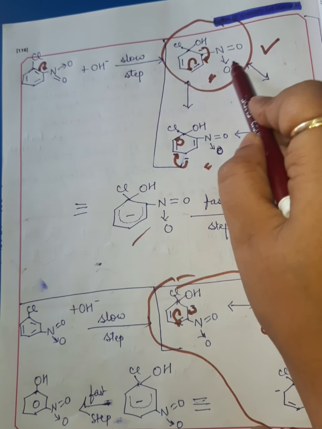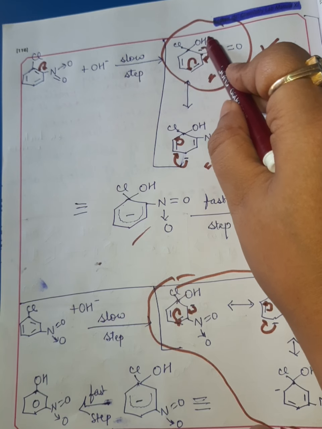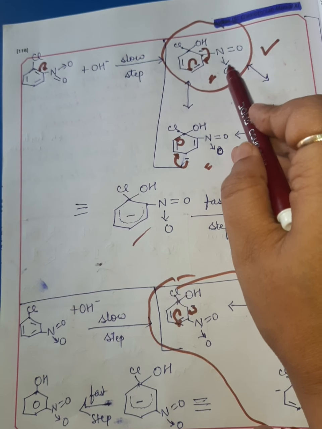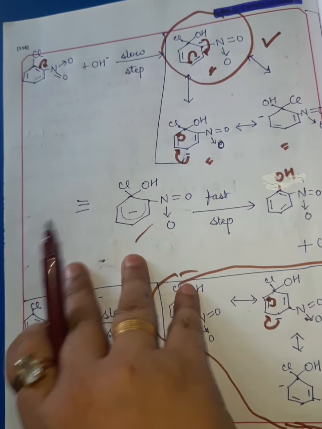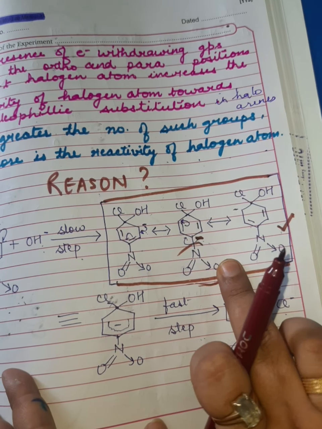Now this nitro group further involves this negative charge into its resonance. This happens in case of ortho as well as, dear students, in case of para.